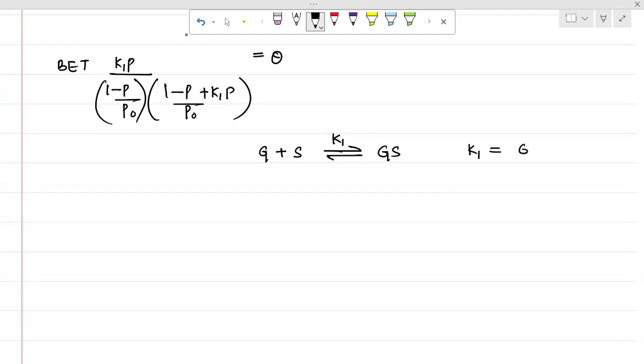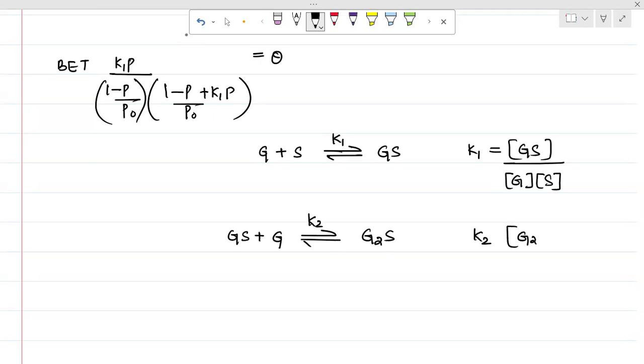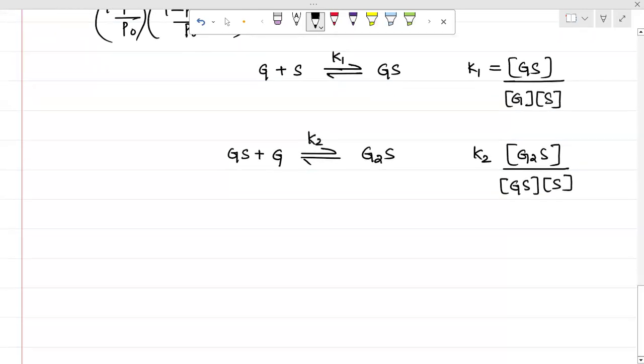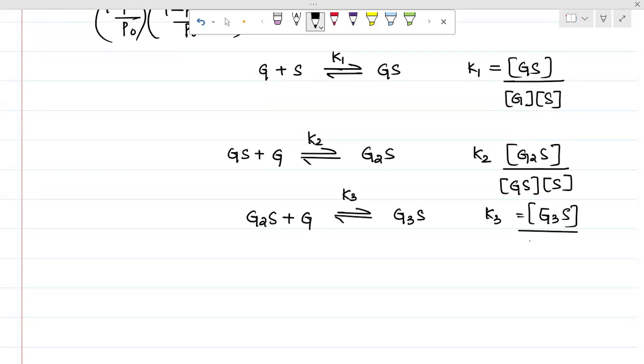And K1 over here is GS concentration divided by concentration of G into concentration of S. For the second step, this GS combines with another G and forms G2S, with equilibrium constant K2, which is G2S divided by concentration of GS into concentration of G. Next step, G2S can combine with another gaseous moiety in a third equilibrium step forming G3S, and the equilibrium constant over here is G3S divided by G2S into G. I wrote S over here, it is actually G. Sorry, please make the correction.